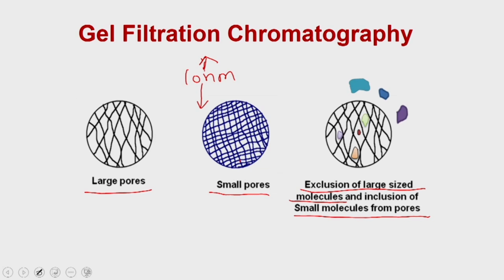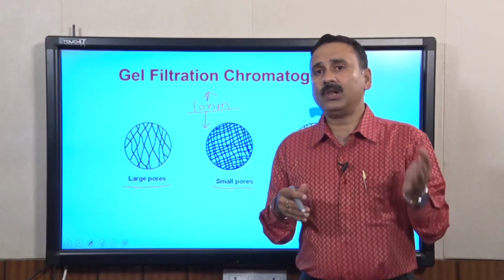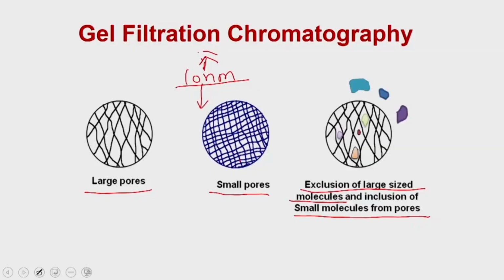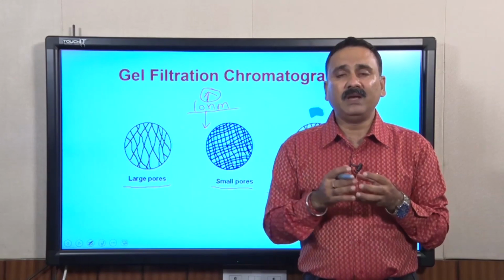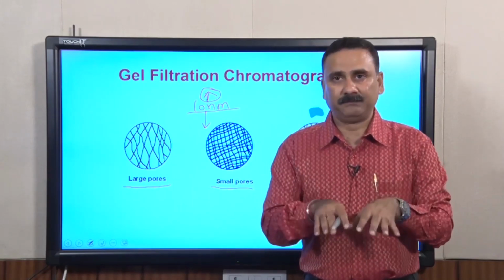Whereas in this case, if you have a bead of 10 nanometer, you are going to exclude or reject all the molecules which are larger than 10 nanometer, whereas you are going to retain all the molecules which are of smaller size. That is why gel filtration chromatography follows the reverse principle of sieving.